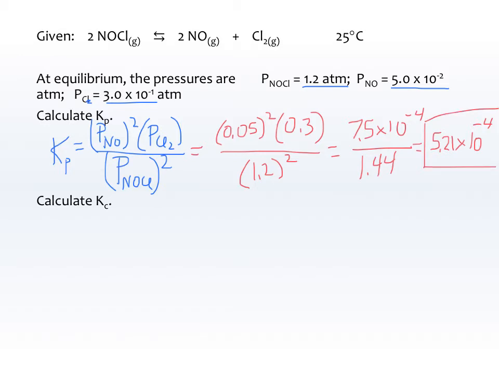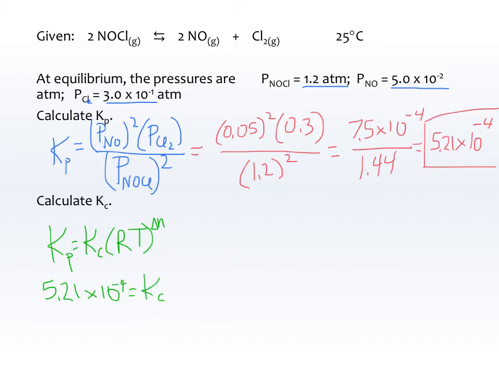Now Kp is different from Kc because it relates to pressures instead of concentrations, but we can convert back and forth between them. Remember that Kp is equal to Kc times RT to the delta N. So plugging in what we know, 5.21 times 10 to the negative 4 is equal to Kc.